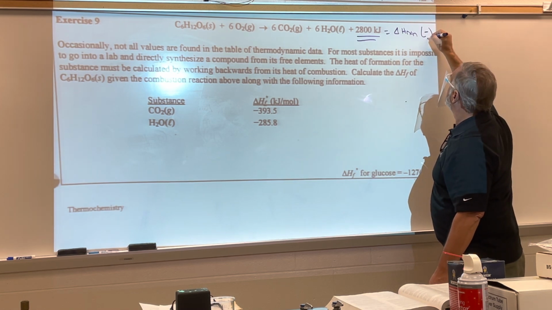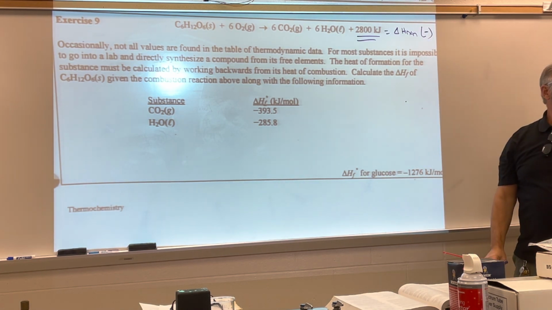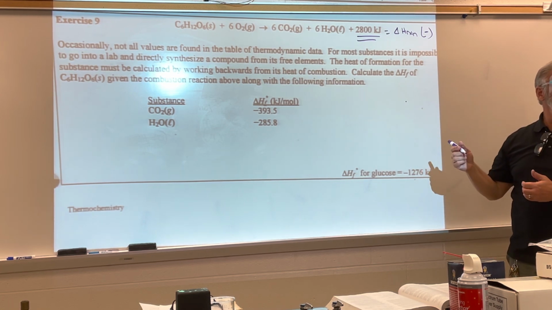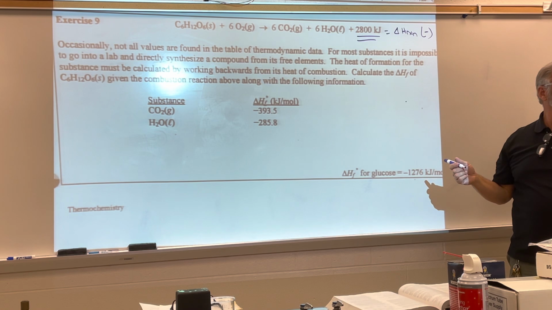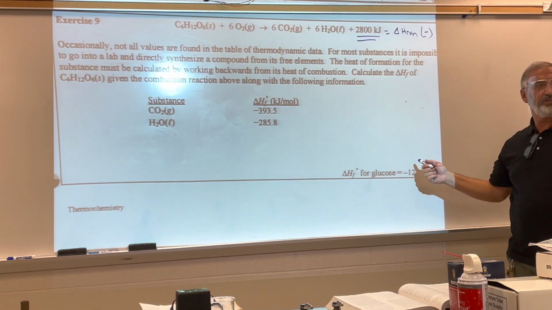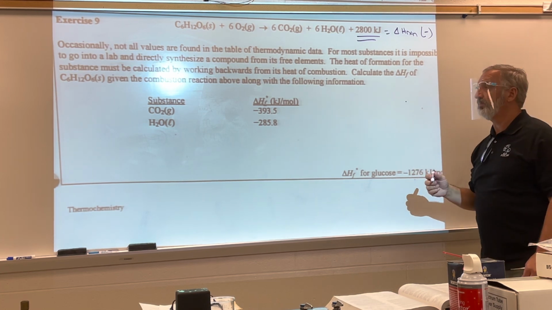Negative. Because it's exothermic, because it's on the right-hand side, when we plug it into this equation for delta H, it's going to be a negative value. Are y'all good with that, understanding that?